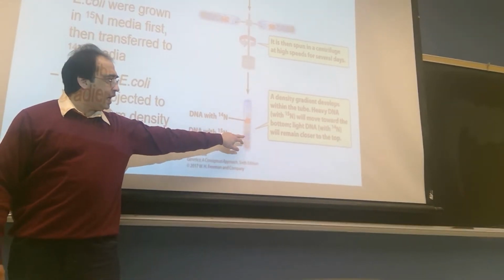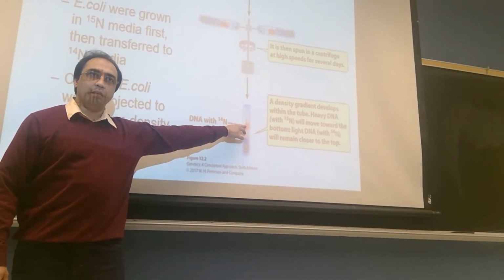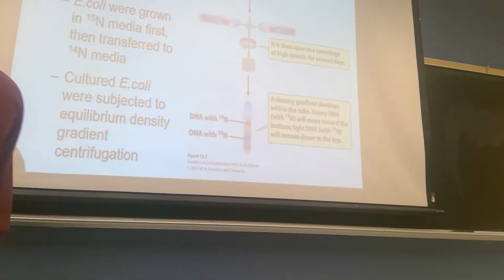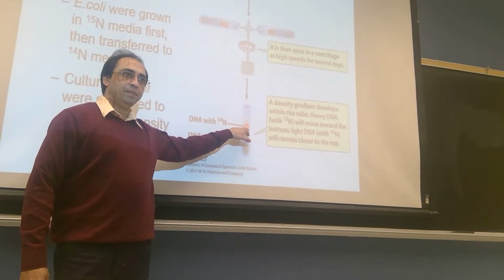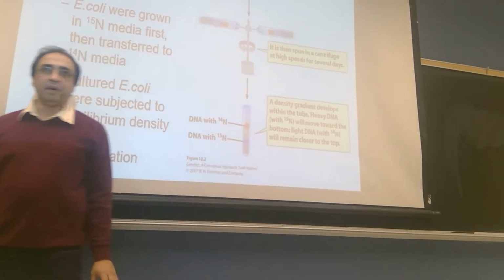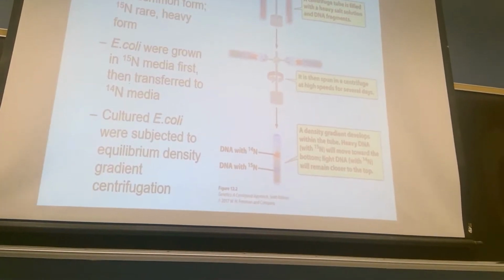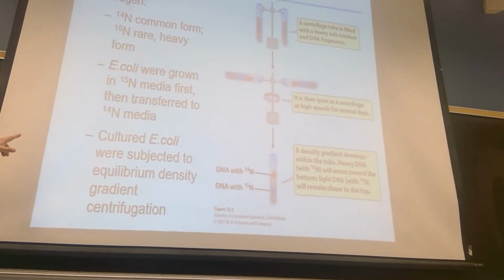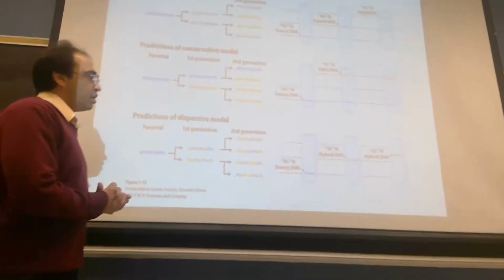You will always get the 15N band at the bottom and the 14N band on the top. If it is a mixture of 14N and 15N, you will get the band in between these two. Clear? If you have the concept of centrifugation, then you will not forget these bands. What is the location of these bands and why? So based on this, we discussed these things.